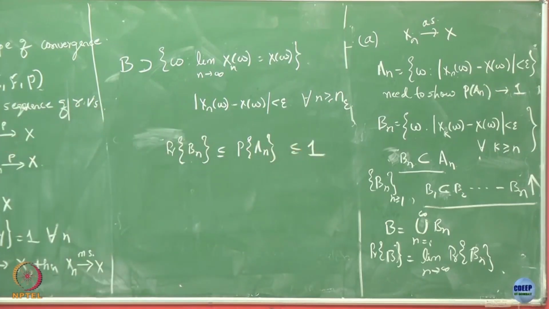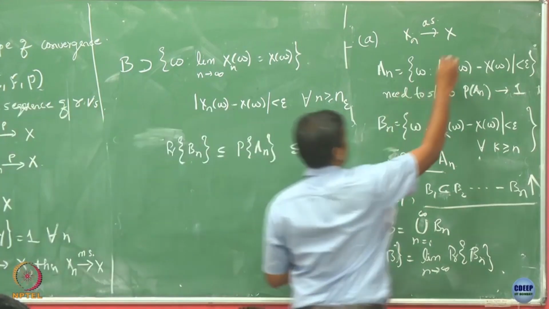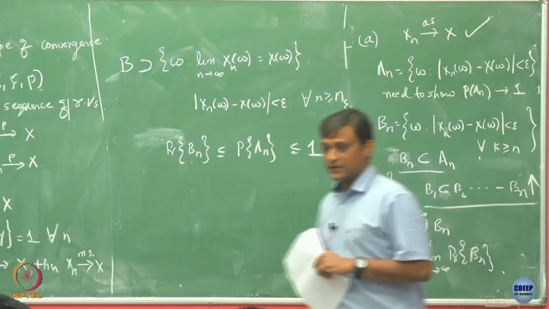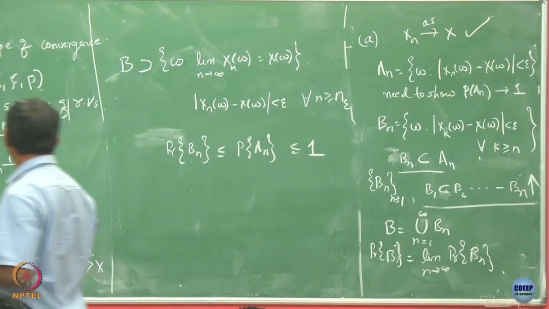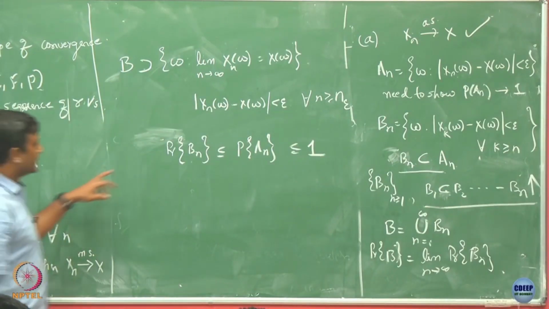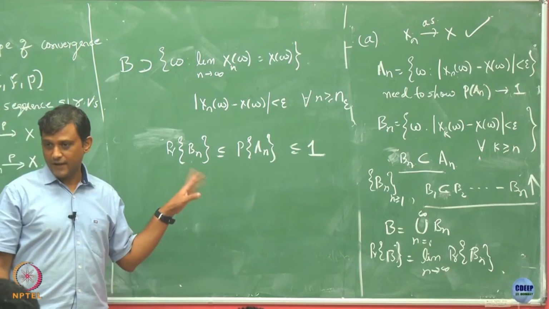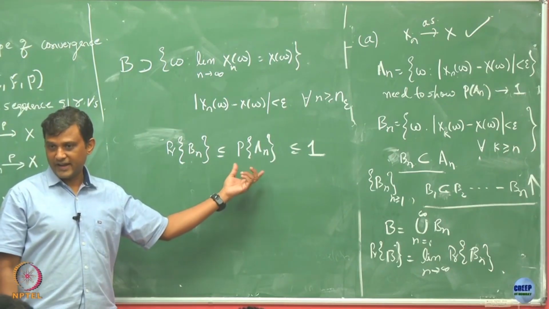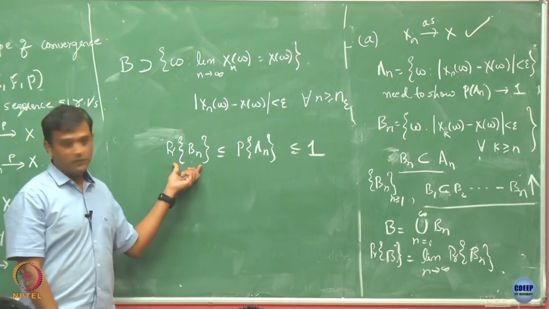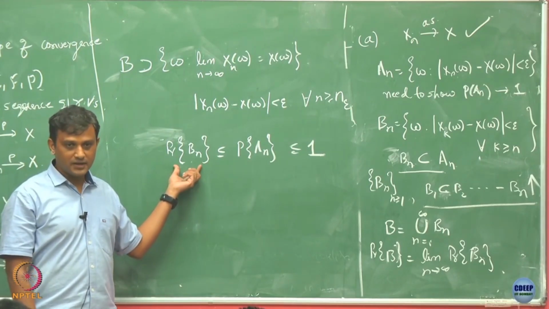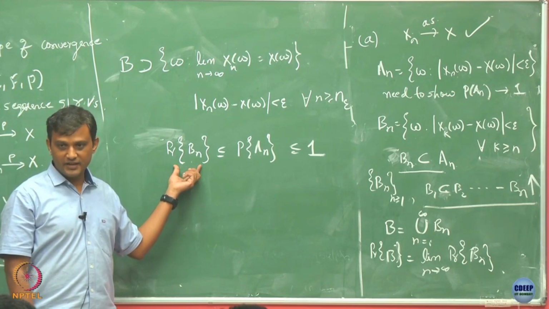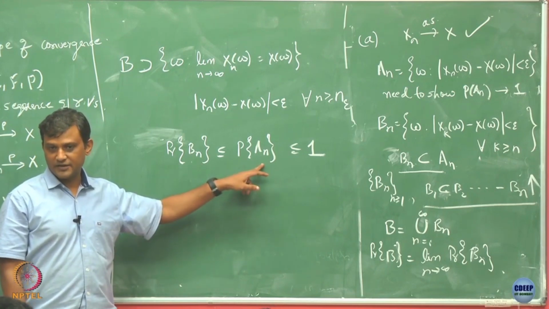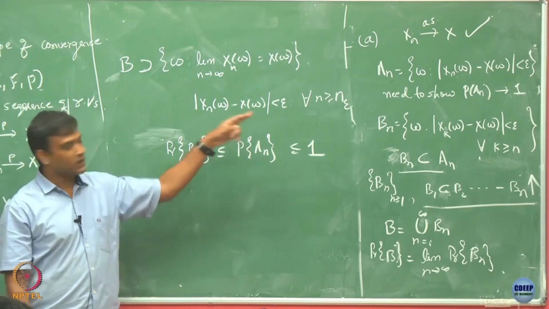Probability has to be less than 1. And now let's try to invoke what is given to me. If I let this n, I want to now show that this sequence takes the value of n, right? If I can somehow argue that my lower bound also goes to 1, then as n goes to infinity, I know that my probability is going to be 1. That's what I need to show.